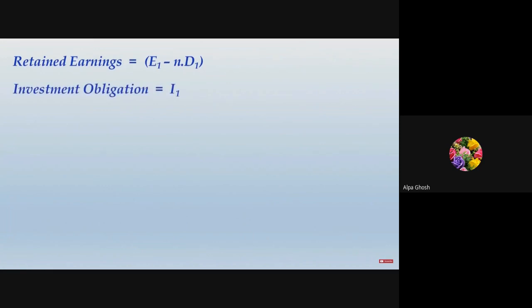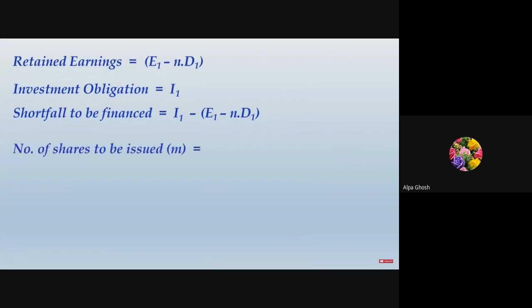Investment obligation is I1. So the shortfall which is yet to be financed by end of the year will be I1 minus, within brackets, E1 minus N into D1. And the number of shares to be issued will be the amount of shortfall divided by P1, correct? So we get the value of M.